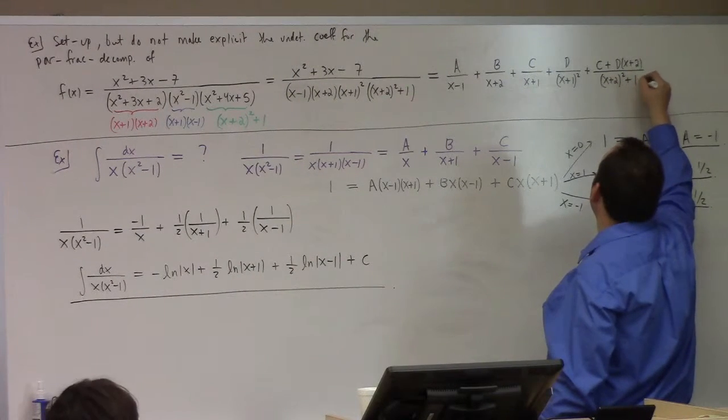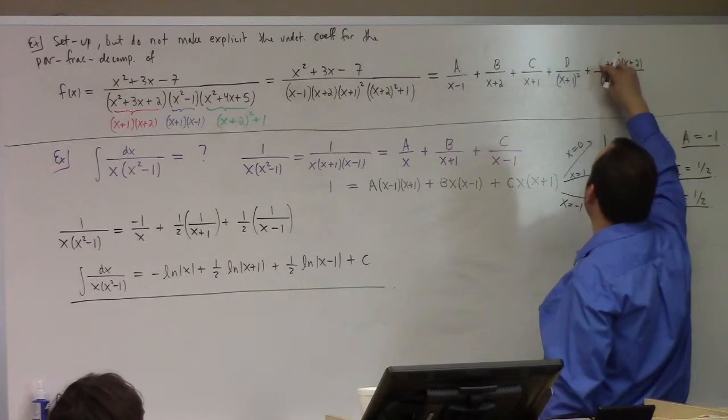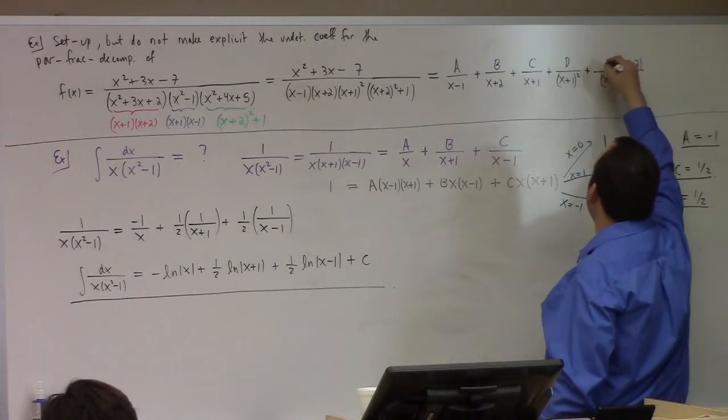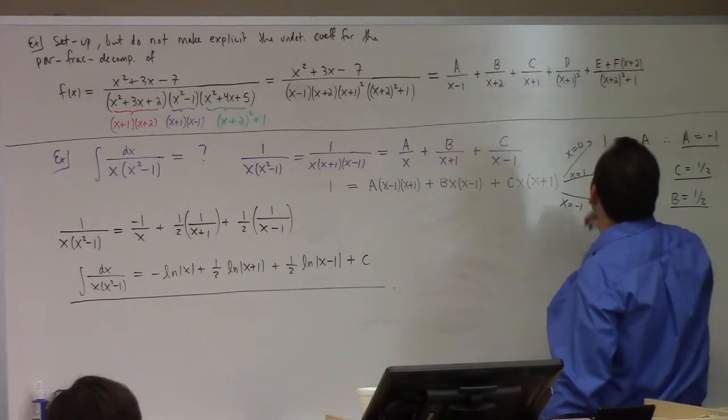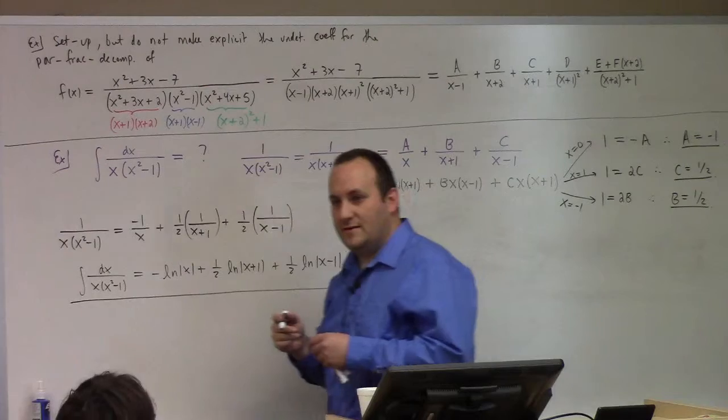Oh, I'm sorry. Not c and d on the last one. What should these be? E and f. I'm going to have to go back to kindergarten. I don't know my alphabet.